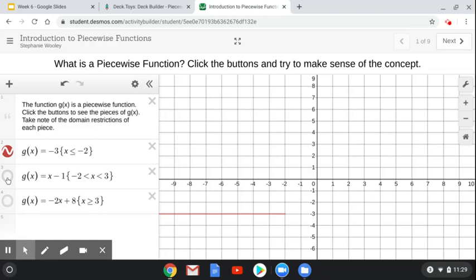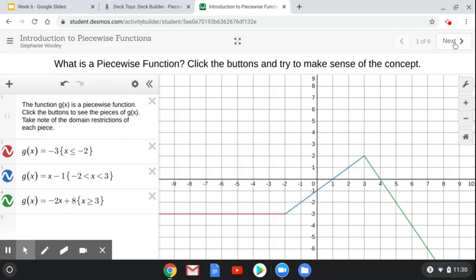I'm going to graph the second piece, which is x minus 1, and that function exists between the values of -2 and 3. So x is greater than -2 and less than 3. And then the last piece of the function would be graphed in green. When x is greater than or equal to 3, your function is -2x plus 8.